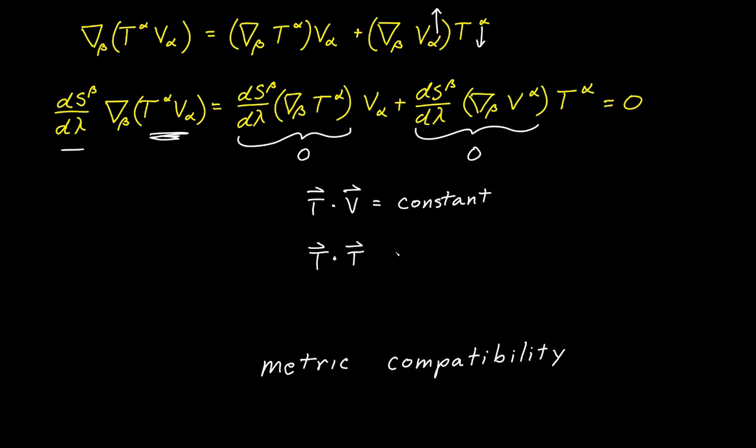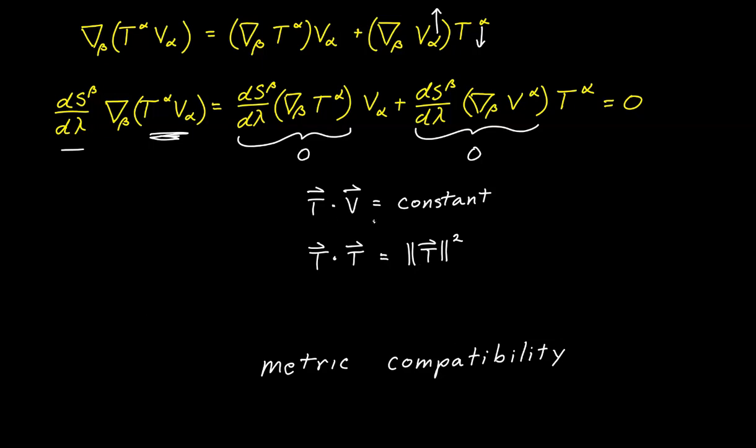And the dot product of T with itself is just the magnitude of vector T squared. So what this tells us is that throughout the transport process, the magnitude of our vector is going to remain constant. It may shift from the left to the right as we transport it along the curve, but its magnitude is going to remain fixed.